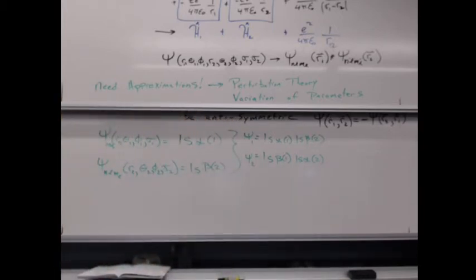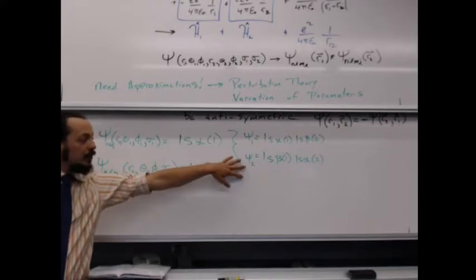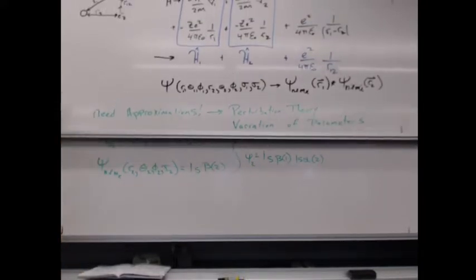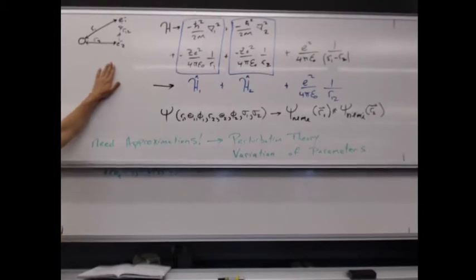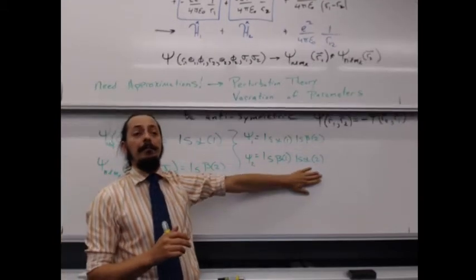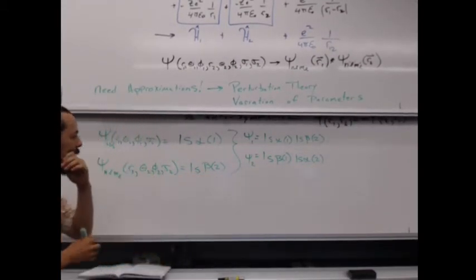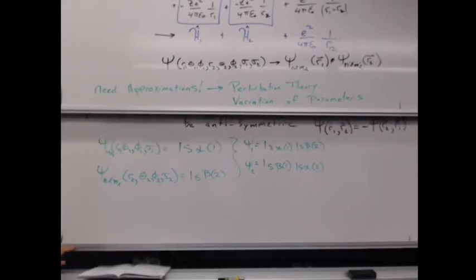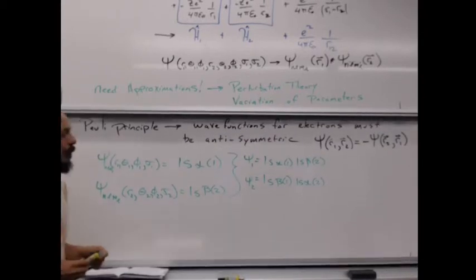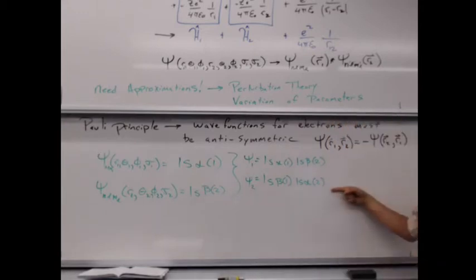Now, we have more and more options we could do, right? We could bring in the p orbitals and the d orbitals and a bunch of other different wave functions to represent this. But given that we've only got 2 electrons, this is a good place to start. Unfortunately, if you look at both what I have for psi 1 and psi 2, neither of them are antisymmetric.